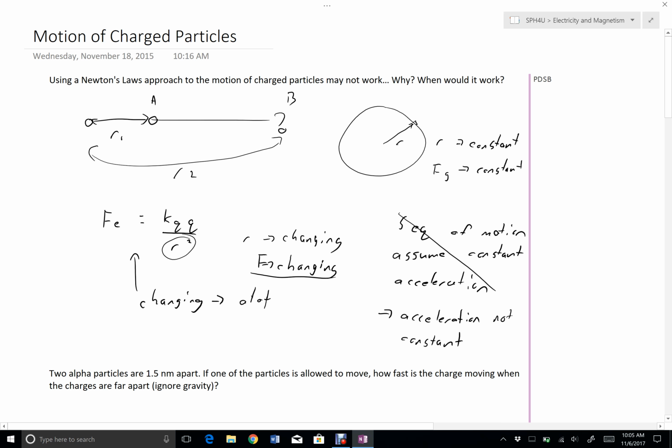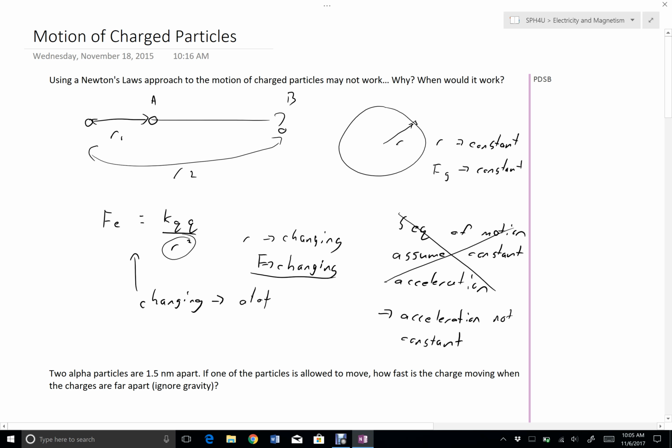And so we can't use these. And so we can't really use our forces approach. Now later, if you continue to study physics, you'll learn how to deal with changing forces. But right now, with what we've learned about Newton's laws, they just won't work.